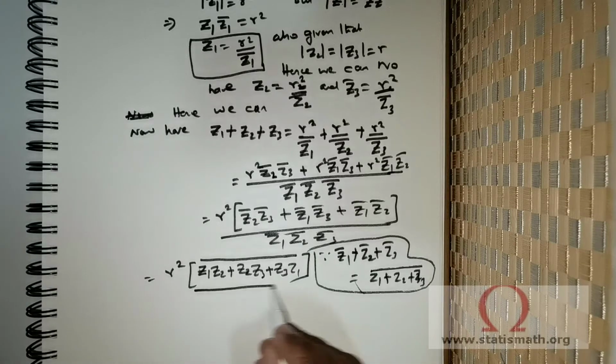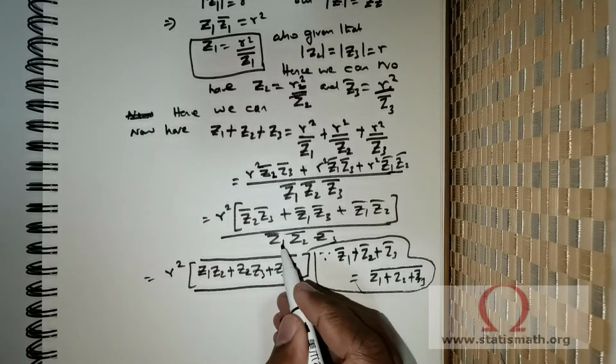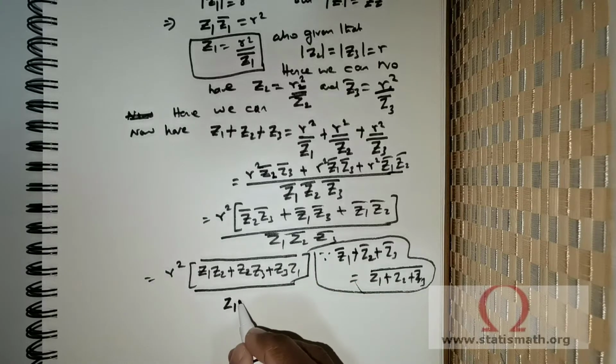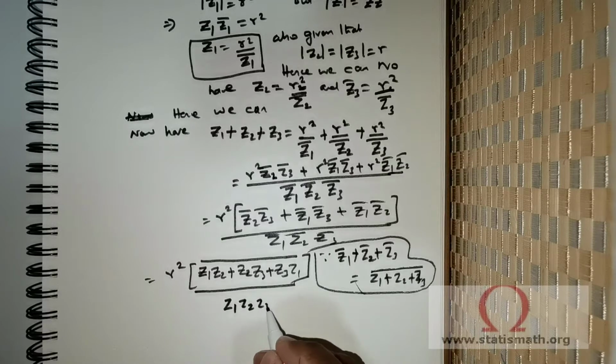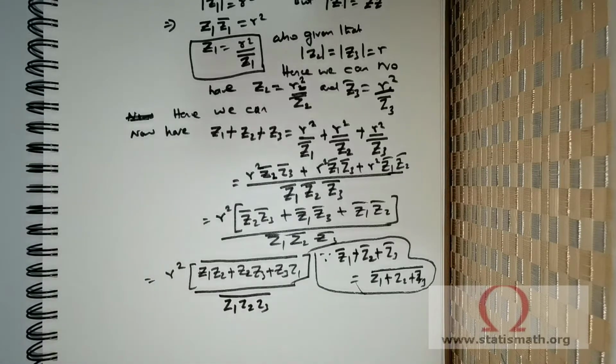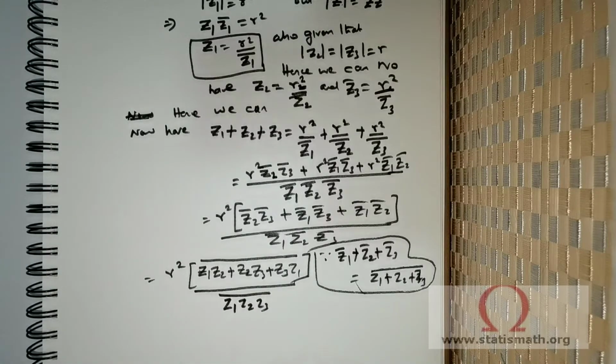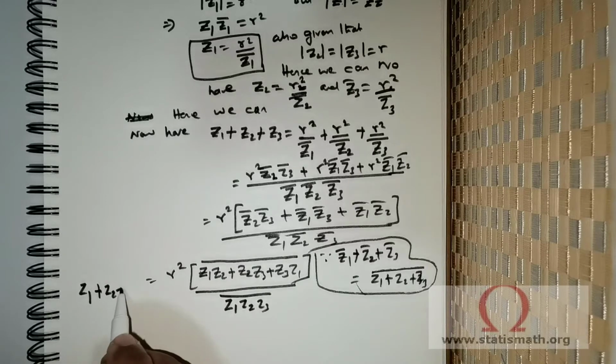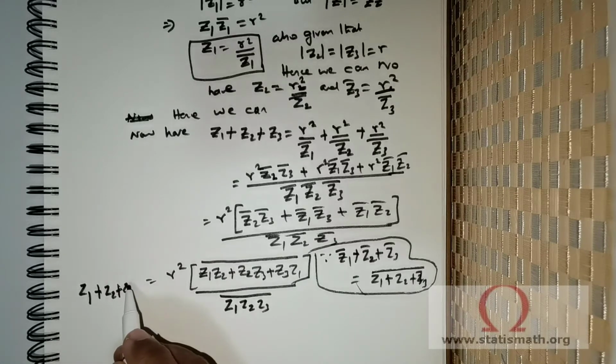Similarly for the denominator, z1 conjugate times z2 conjugate times z3 conjugate is the product of z1 z2 z3 with the entire conjugate taken. So on the left side I have z1 plus z2 plus z3.